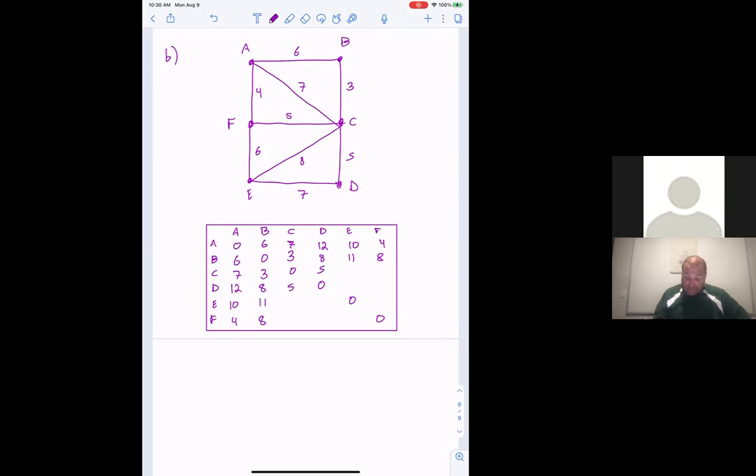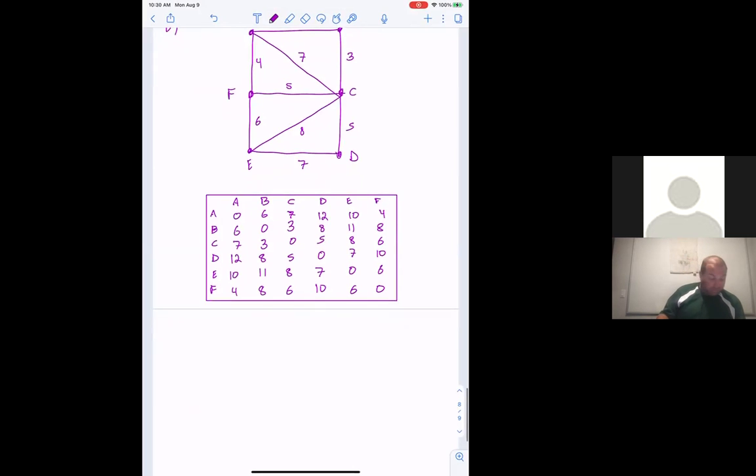C to E, 8. C to F, 6. D to E, 7. D to F, 10. And E to F, 6. Okay, that's my table of least weights.